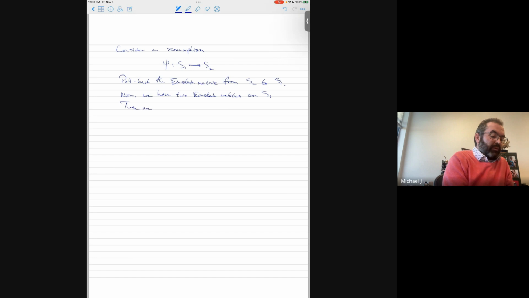So these are isometric, which implies the isometry groups are isomorphic.